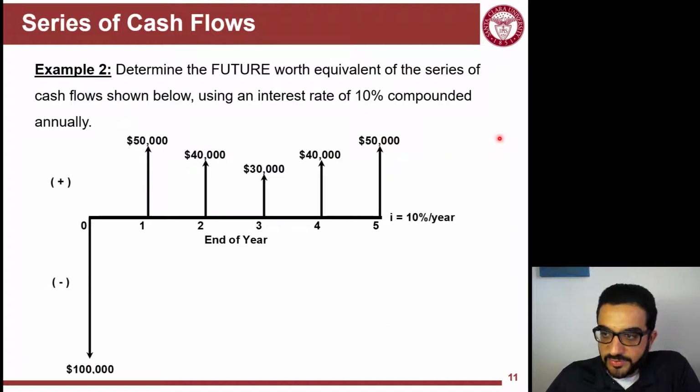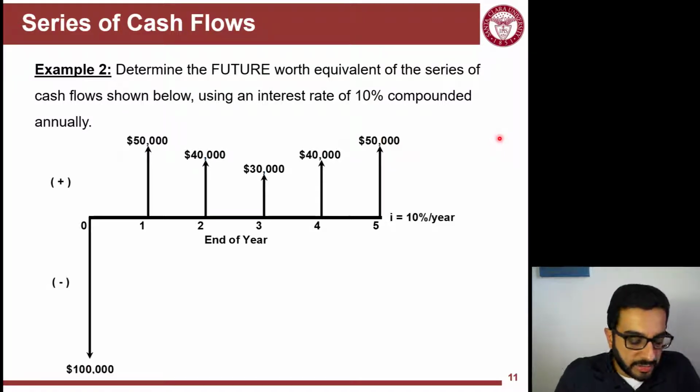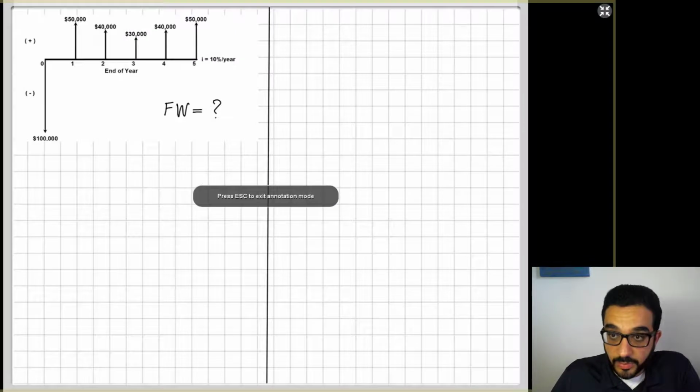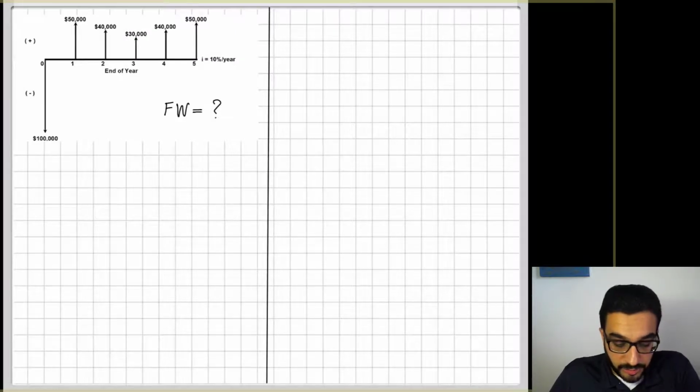So let's revisit this example and calculate now, instead of the present worth, the future worth. So if we do that, give me a minute just to open it. Now it's the same example, but we are looking to calculate the future worth.